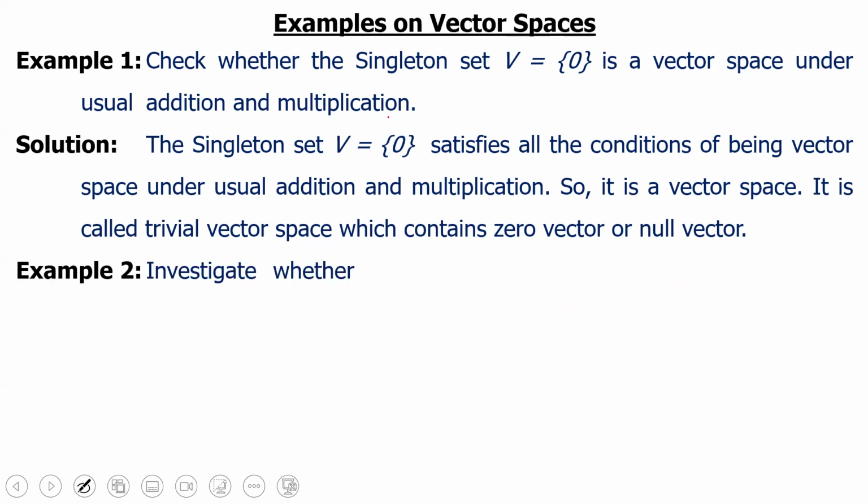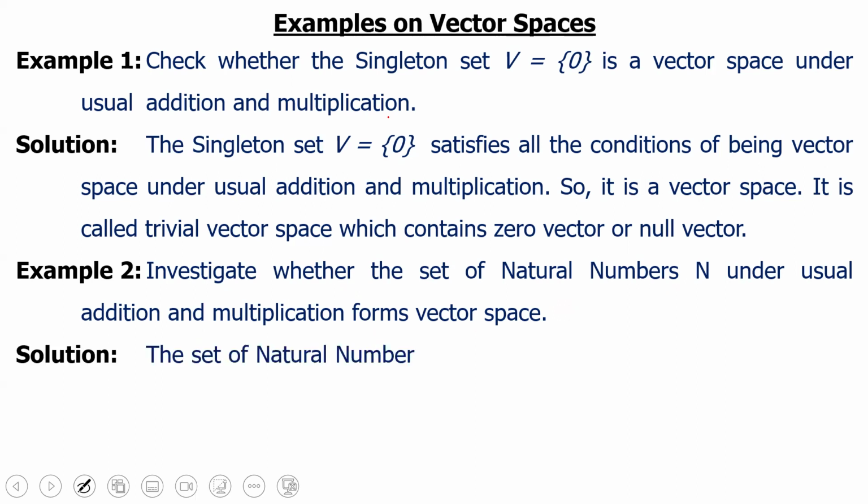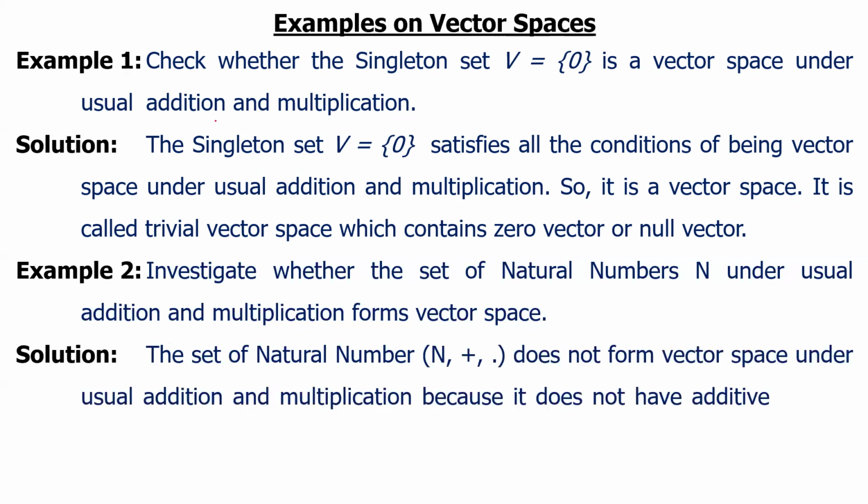Now, example number 2. Investigate whether the set of natural numbers N under usual addition and multiplication forms a vector space or not. The set of natural numbers N does not form a vector space under usual addition and multiplication because it does not have the additive identity 0.